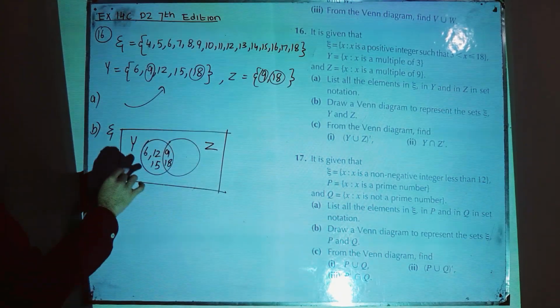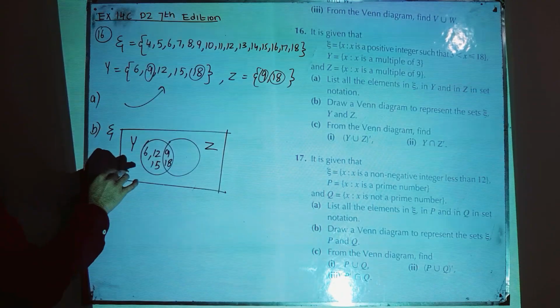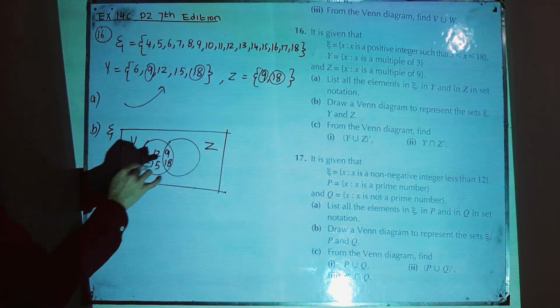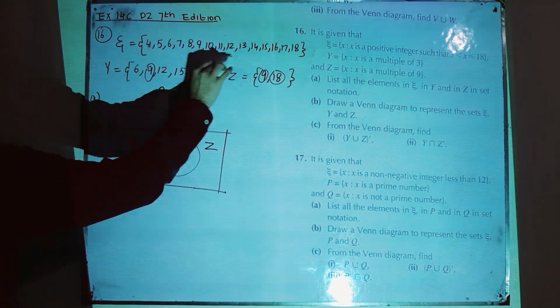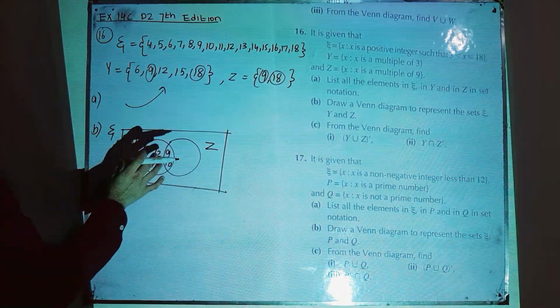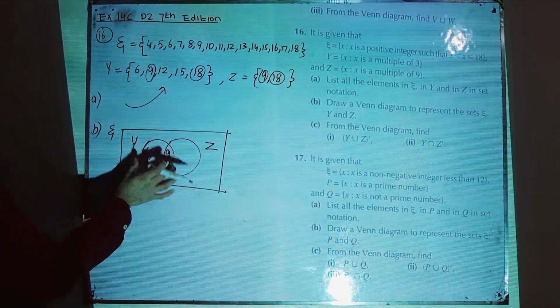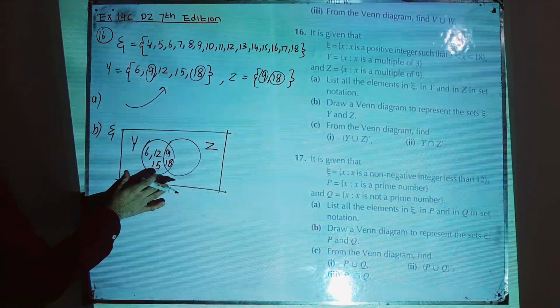However, right now this rectangle has only these elements, so the elements other than these should be written in the part outside the circles. This rectangle should have all these elements. We have written a few elements in the circles. The elements which are missing, enter them over here.